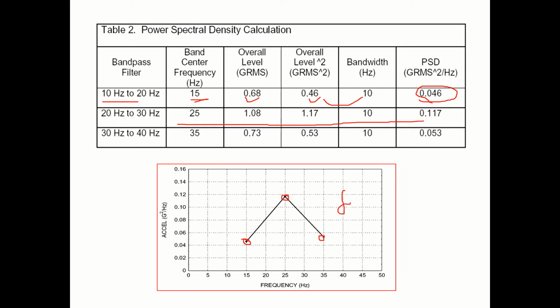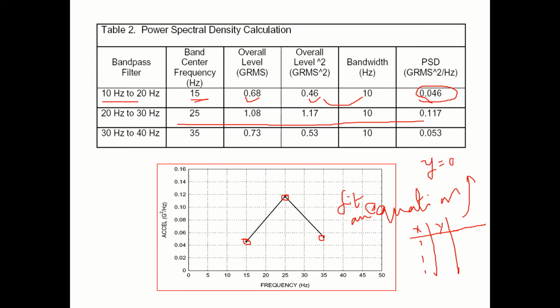I can fit an equation now. Very easy, I'll just fit a polynomial, saying I know these are the x values and these are the y values. Maybe y is equal to a naught plus a1 x plus a2 x squared, correct?